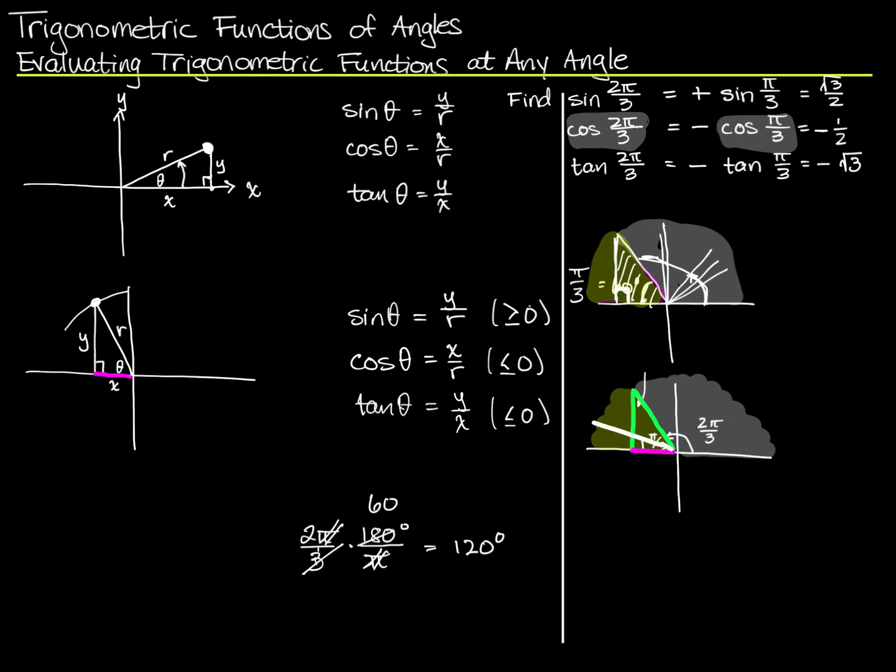Here's another angle in quadrant 2, which if I drop a vertical for that one, I get opposite, which is going to be positive. My adjacent will be negative because it's on the negative x-axis, and the hypotenuse will always be positive. So it doesn't matter where in quadrant 2 we're sitting, the sine will be positive, the cosine and the tangent will be negative, no matter what the angle is.